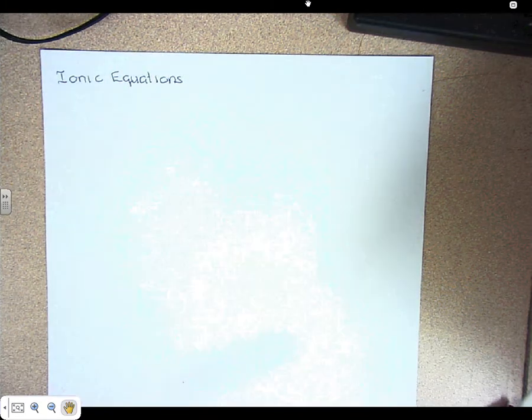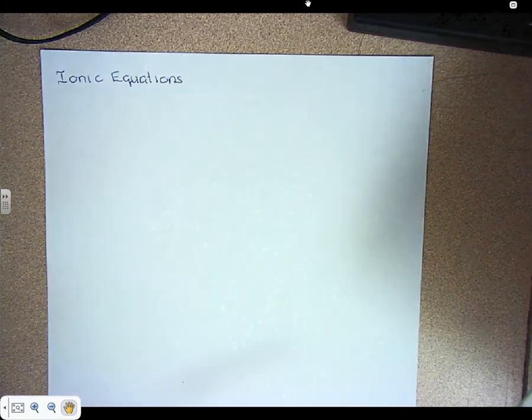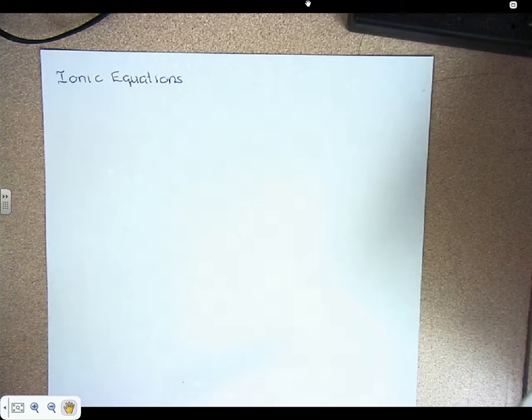All right, guys, we're going to talk about ionic equations, and I'm going to pay close attention to writing net ionic equations. This is going to expand your knowledge of ionic reactions, and part of it deals with your ability to identify solubility rules.